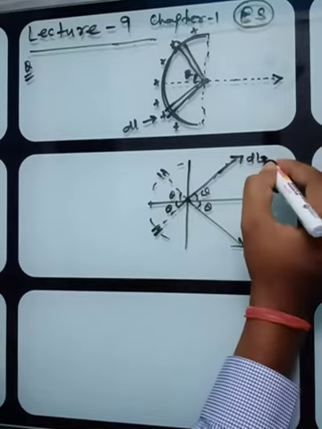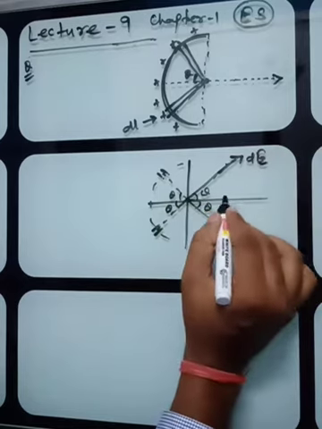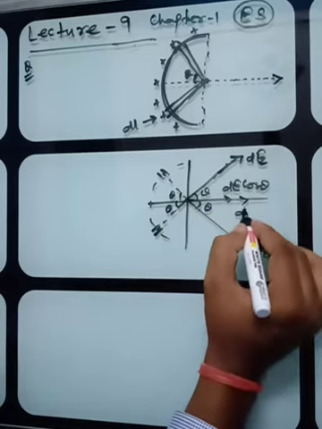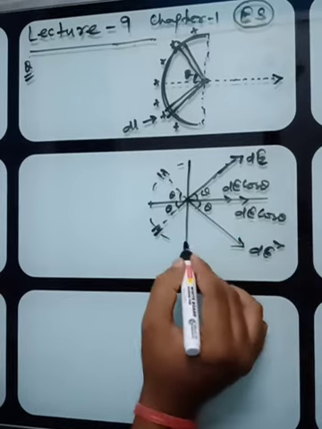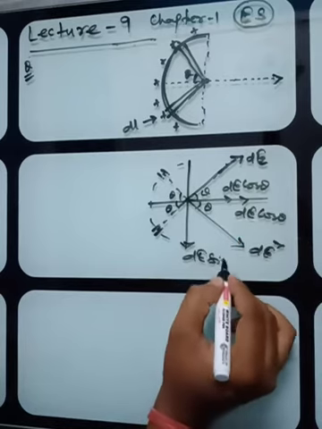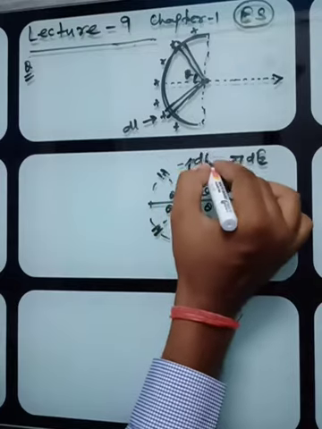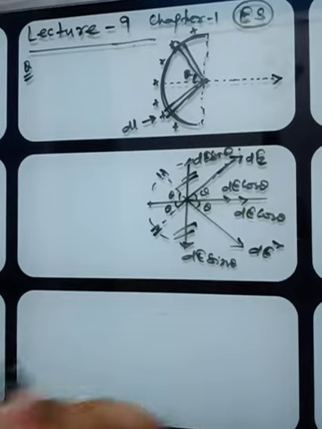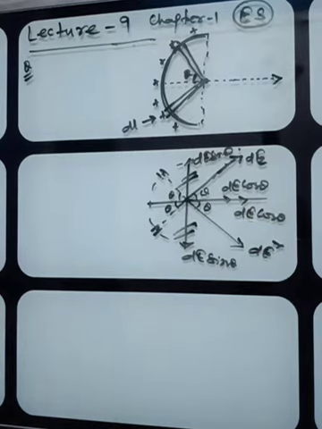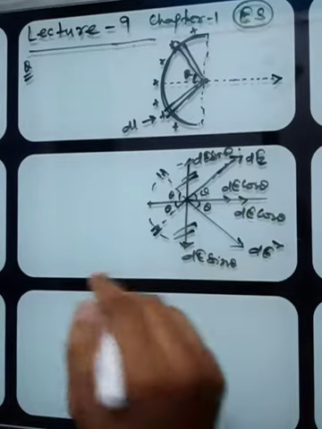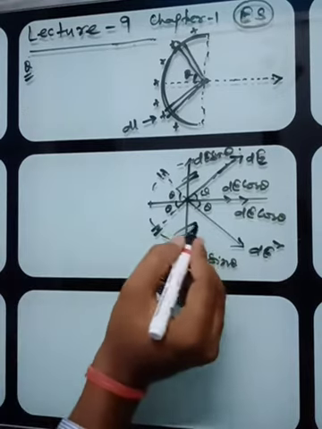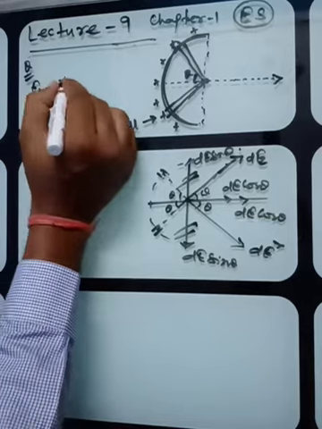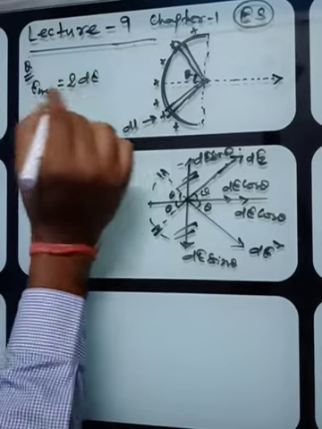It will have two components, dE cos theta, and this also gives dE cos theta, and dE sin theta, and the same dE sin theta. Now these two will cancel out. This is the reason we took two elemental sections. Now, the net electric field from this figure, E net, is nothing but twice dE cos theta.